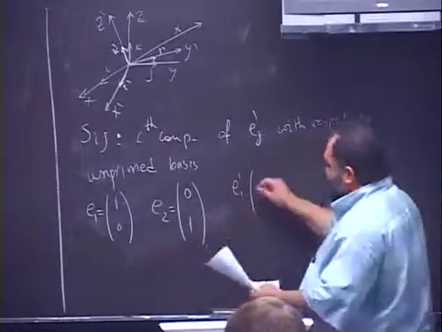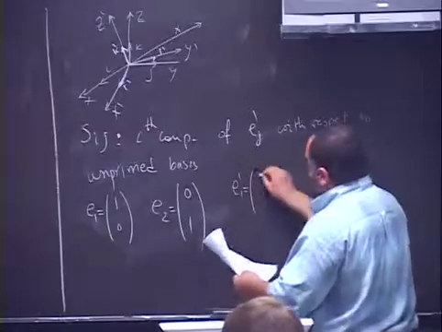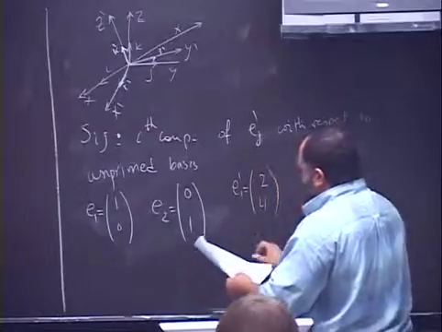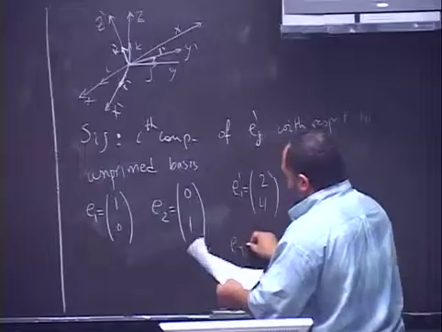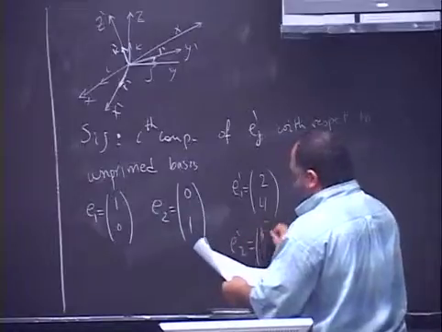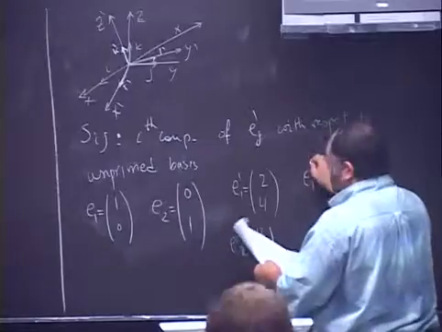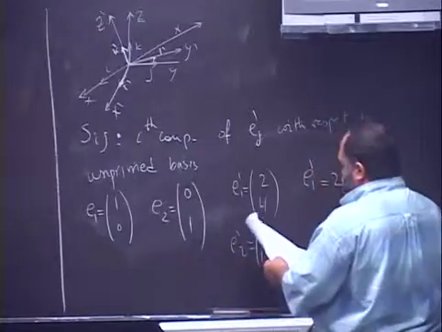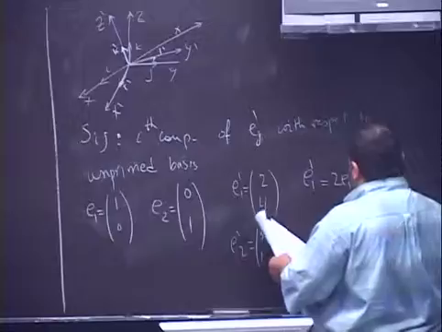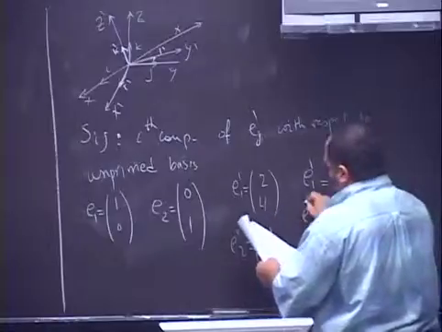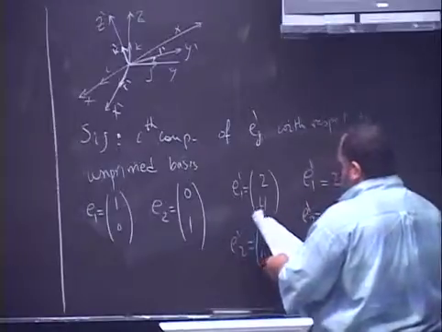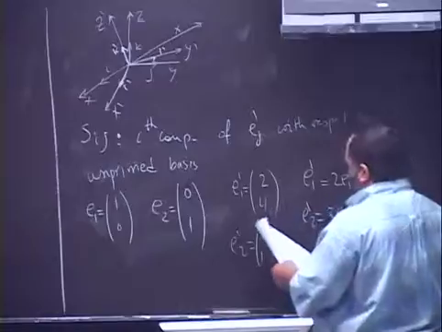Then the new transformation E1 prime is 2 and 4, and the other one E2 prime is nothing more than 3 and 1. To do this, E1 prime will be just 2 E1 plus 4 E2, and E2 prime will be 3 E1 plus E2.